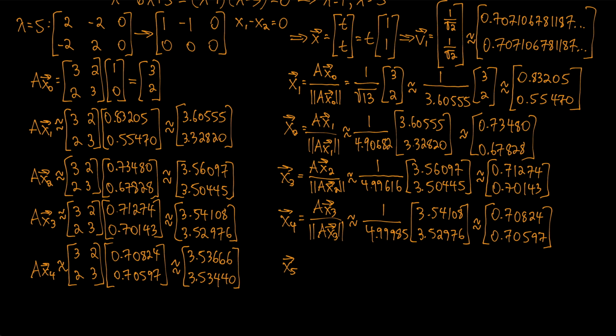So we can now see that x5 is Ax4 over the length of Ax4.